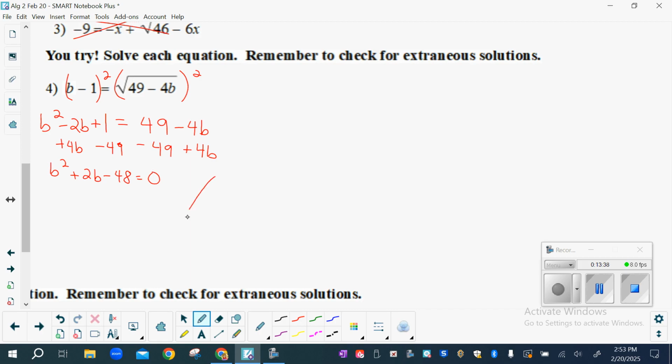And then I'm going to come back and ask you in that group what numbers work. So what numbers work? Questions on where I got the b squared minus 2b plus 1? Okay, what multiplies to negative 48 then?